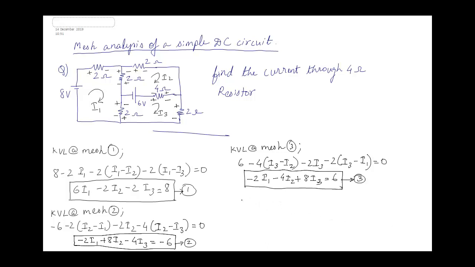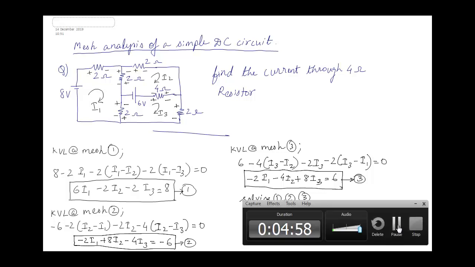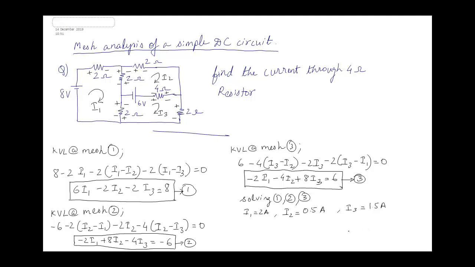solving equations 1, 2 and 3. So solving equations 1, 2 and 3 with the help of a calculator, just like we solve simultaneous equations, we will get the values of I1, I2 and I3 as, and the current that is flowing through 4 ohm is either you can say I2 minus I3, or you can even say I3 minus I2.